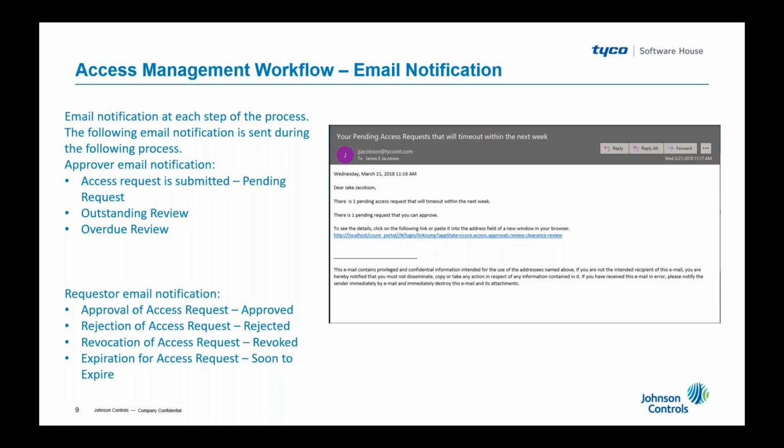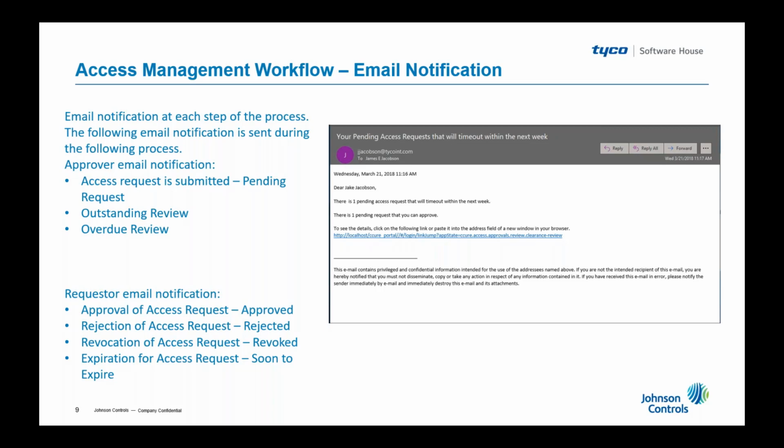If you're using iStar Ultras and you have expiring clearances, then there's that added feature where you can select the number of days that clearance will be valid. So that's part of the actual request process that you can refine.